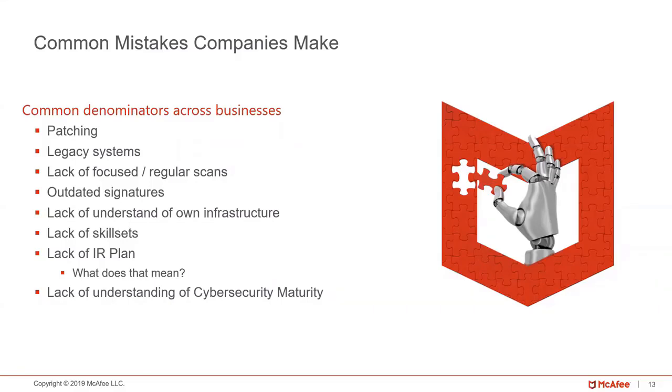I've already discussed this early on, but if you do not have an incident response plan and know what the steps are and who to contact from the beginning, it is going to take you a longer time and put you at a greater risk level. So lack of understanding of cybersecurity maturity. There's a number of models to score where you are, and assessments can be done to that end.